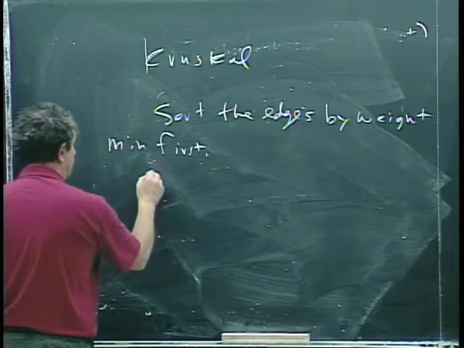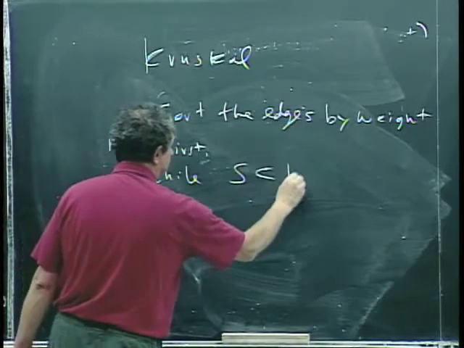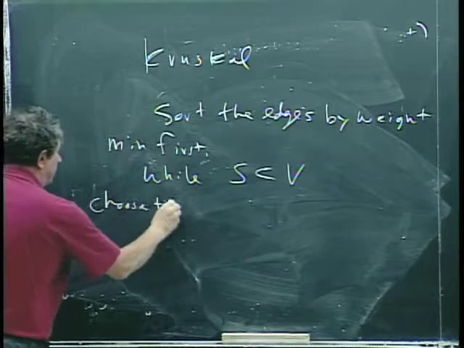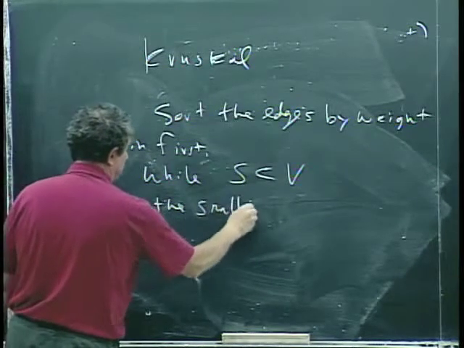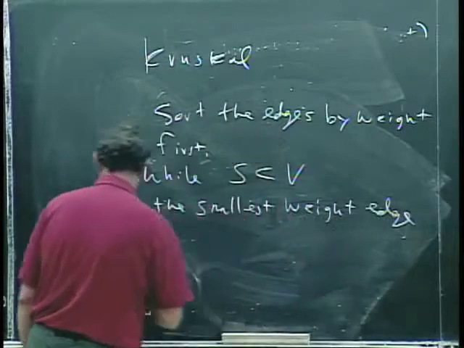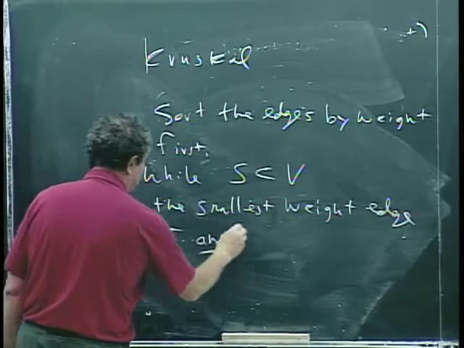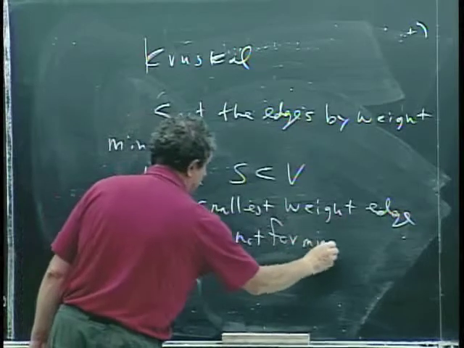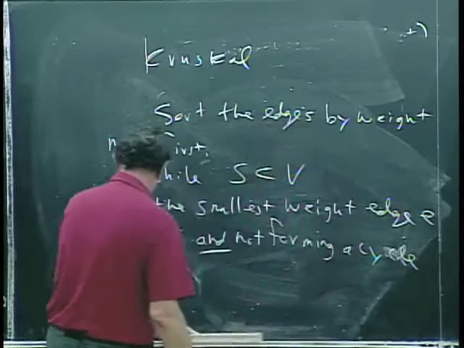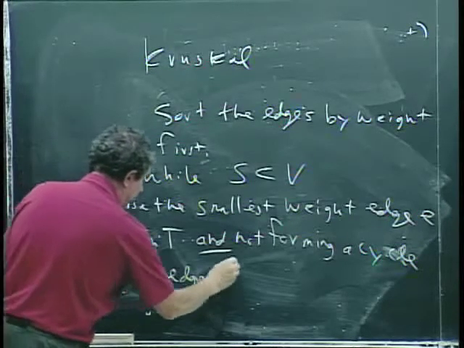And then while S is strictly contained in V, we haven't put all the nodes in there yet, choose the smallest weight edge not in T, that hasn't been selected yet, and not forming a cycle with the edges already in T.